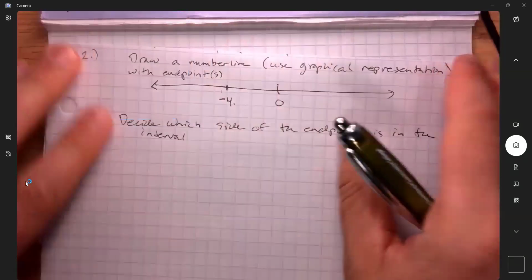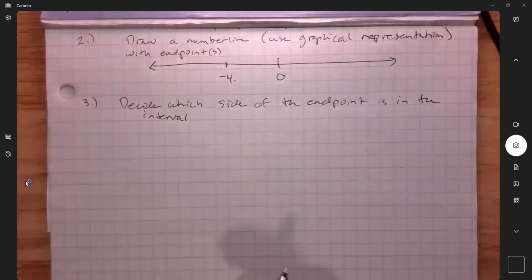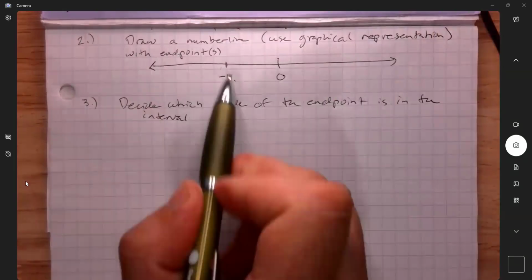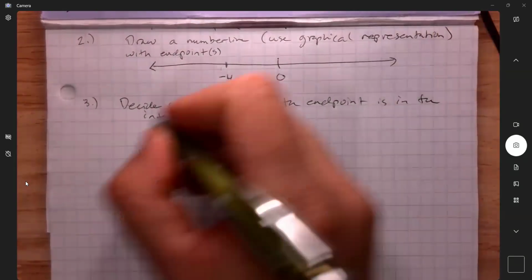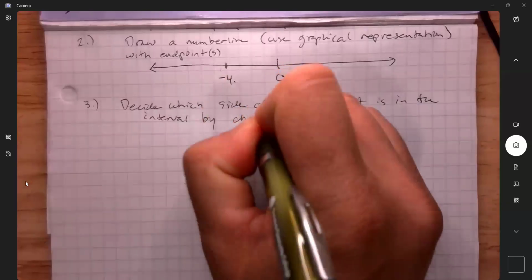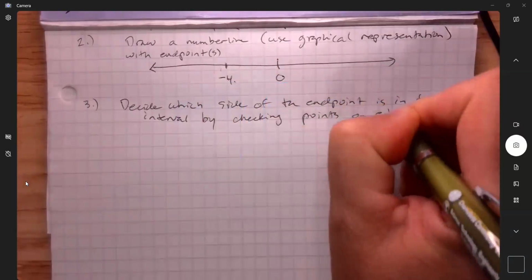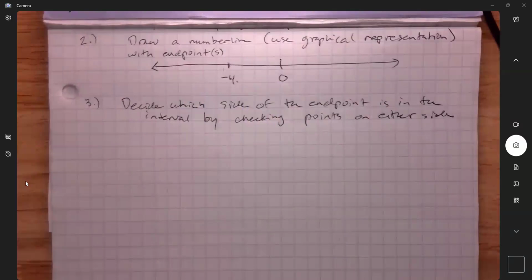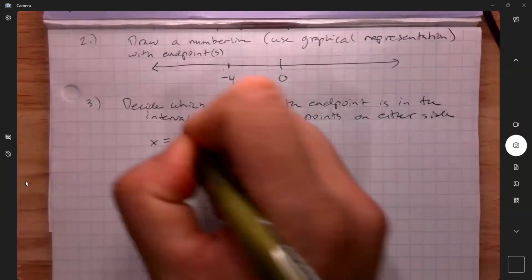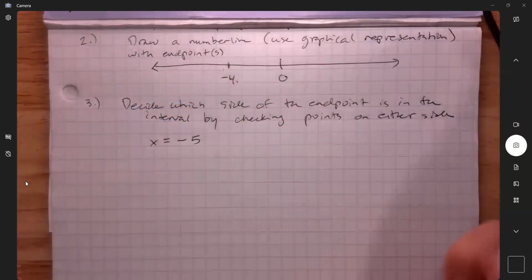Now, that's very similar to checking your solution when solving an equality. But instead of checking the solution, I'm just going to check a point that's not the solution. We're going to check points on either side. Now that I'm saying this, I think I actually might have done it in an earlier video, but I'll just do it again. So let's check a point less than negative 4. Negative 5 is a pretty easy number to check.